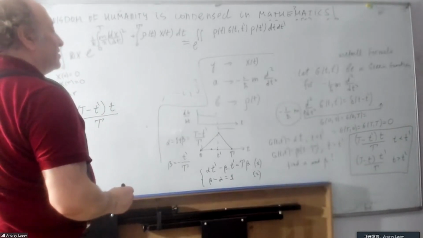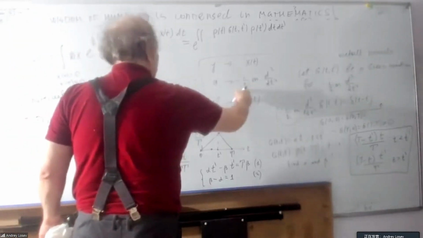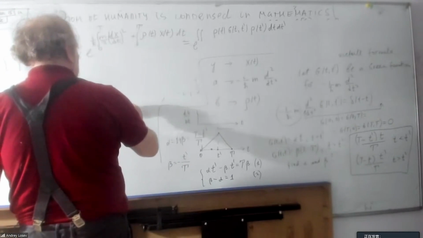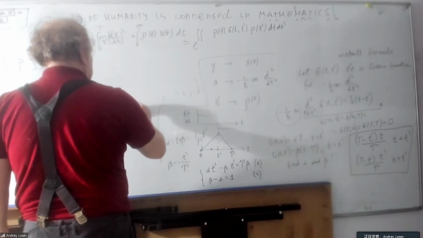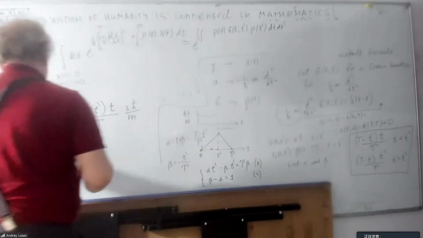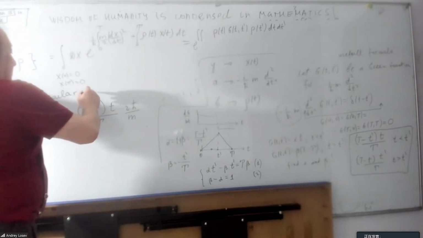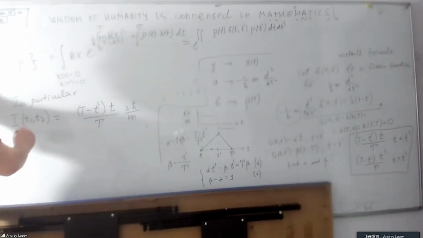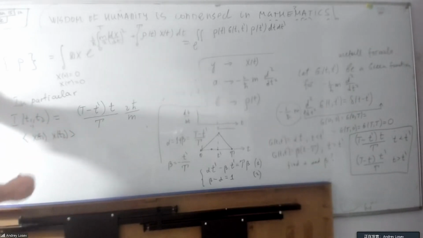And then I need to divide by M over I H. So this is also written as correlator of X of T1, X of T2. It's another notation for it.